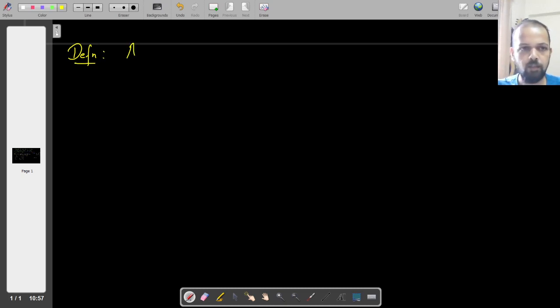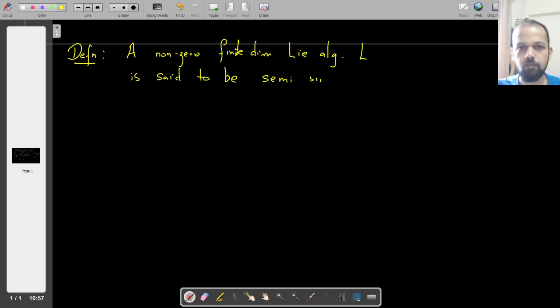A non-zero finite dimensional Lie algebra L is said to be semi-simple if it has no non-zero solvable ideals.